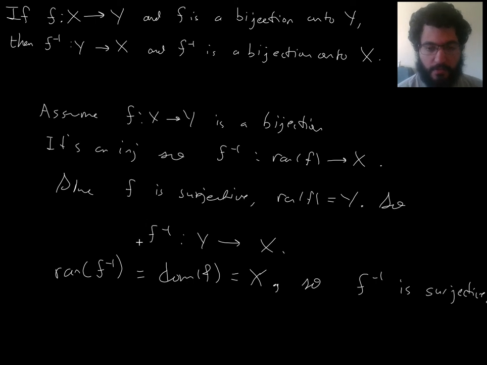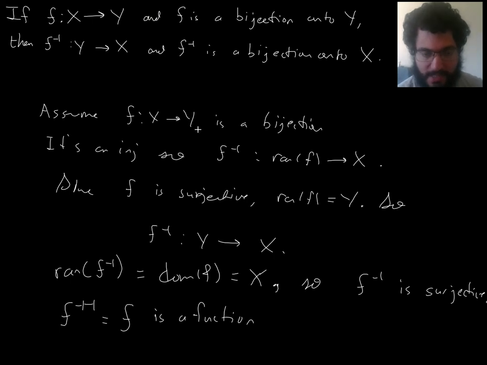And then how do we know whether f reverse is going to be injective? So one way to know that is we know that if we reverse twice, then we get back to the original thing, right? So f reverse, or f inverse, has the property that when you take its inverse, you get f. And f is a function, right? That's one of the things we're saying when we say f maps x to y. f is a function. So f reverse has the property that its reverse is a function.